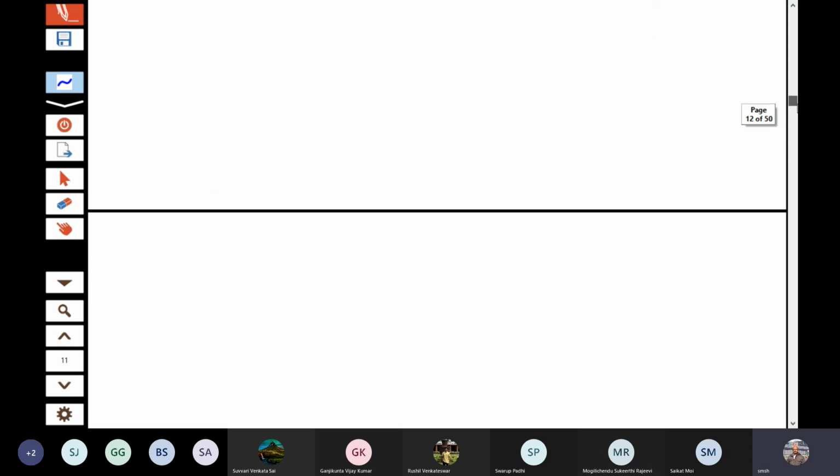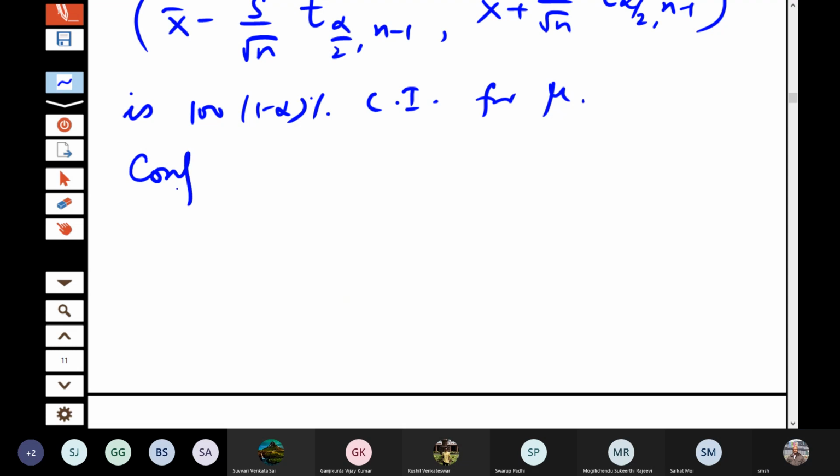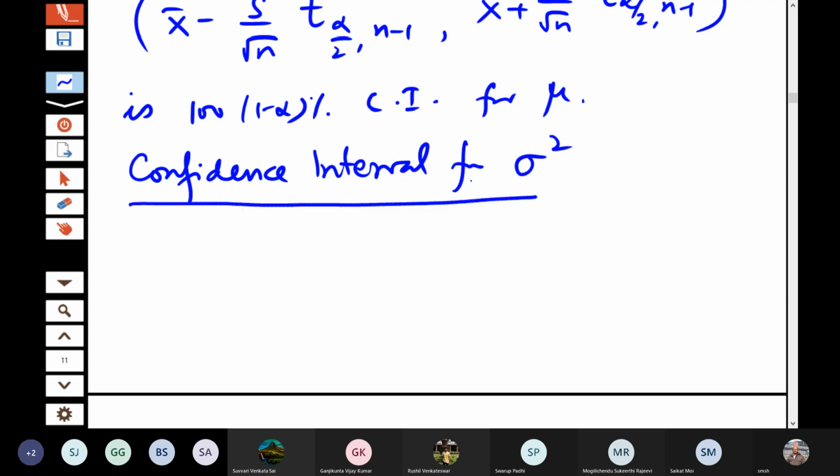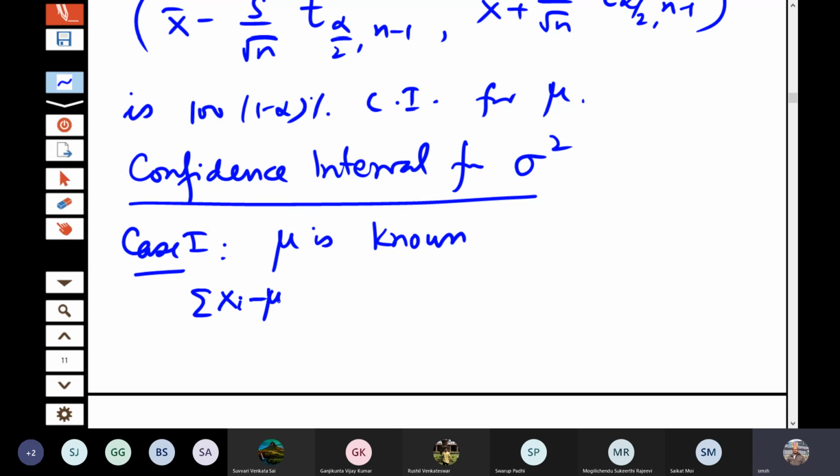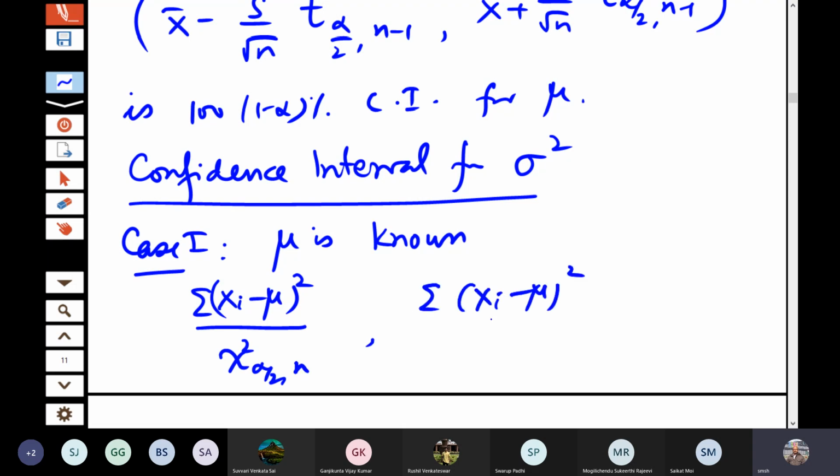Similarly, the confidence interval for sigma square we can write. If mu is known, then it is sum of (Xi minus mu) square divided by chi square alpha by 2 on n, to sum of (Xi minus mu) square divided by chi square 1 minus alpha by 2 on n.